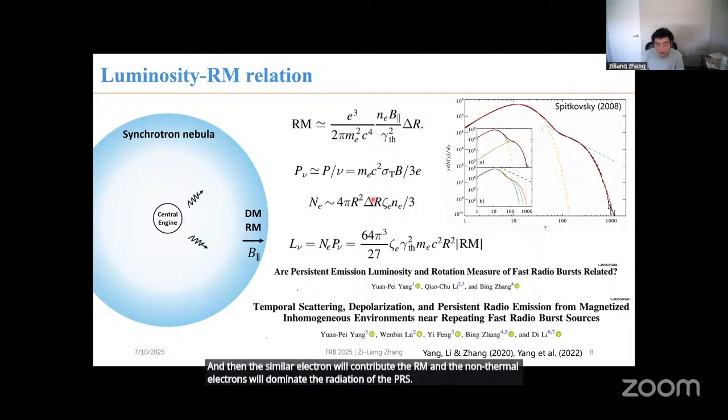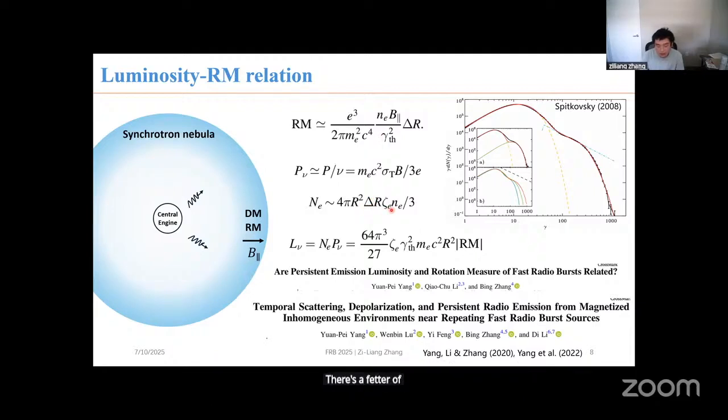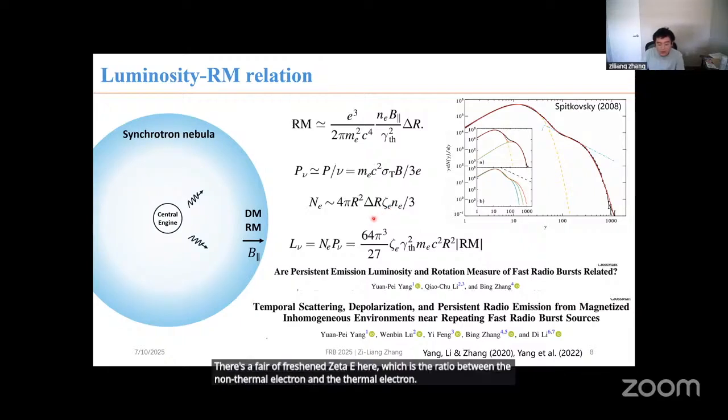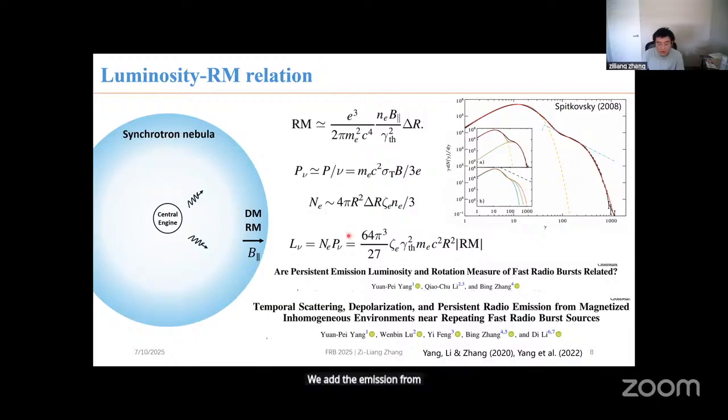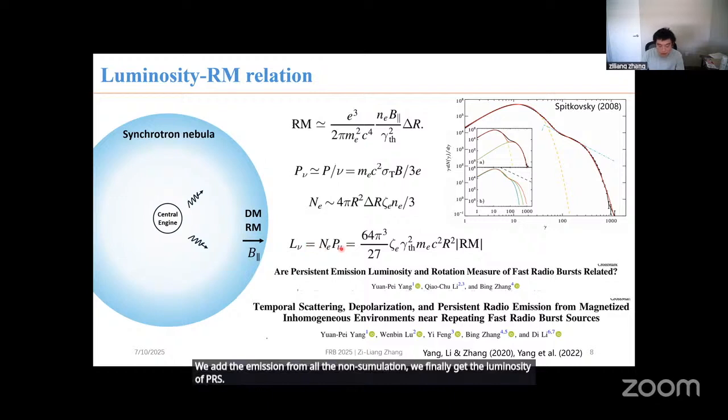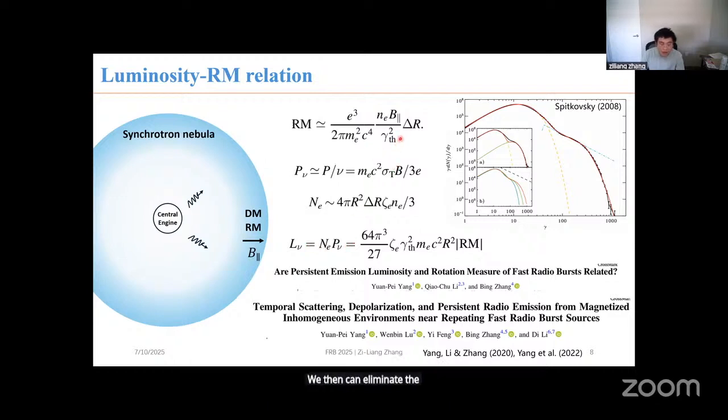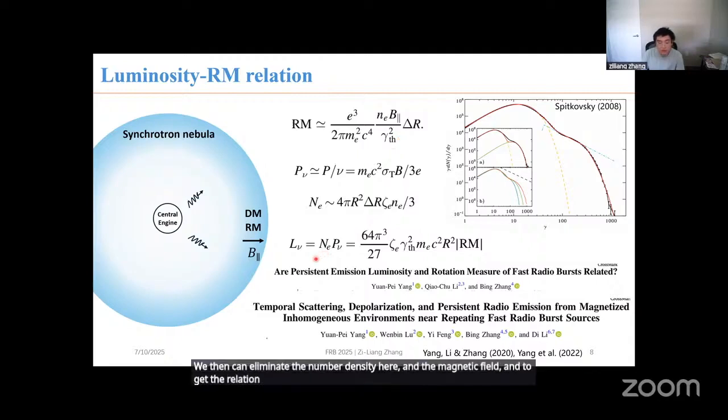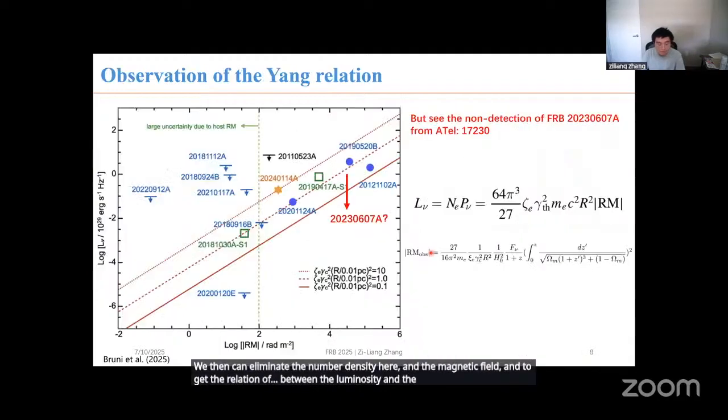There's a fraction factor zeta_e here, which is the ratio between the non-thermal electrons and the thermal electrons. We add the emission from all the non-thermal electrons, we finally get the luminosity of PRS. We then can eliminate the number density and the magnetic field, and get the relation between the luminosity and the RM.